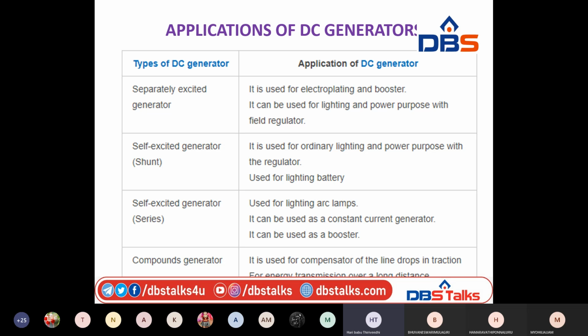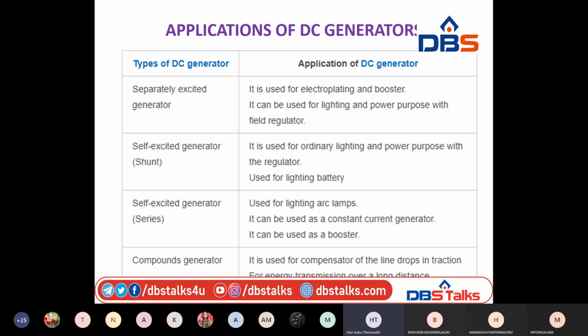What is the critical field resistance? What is the critical speed? After then, we discussed the characteristics, that is magnetization characteristics, then load characteristics, that is internal and external characteristics of every generator.